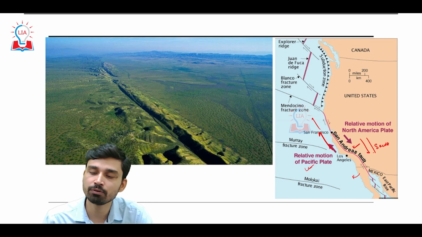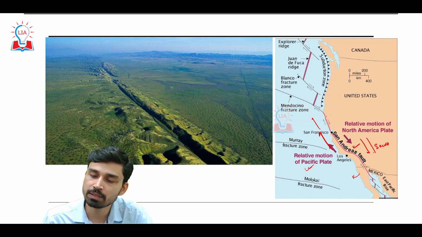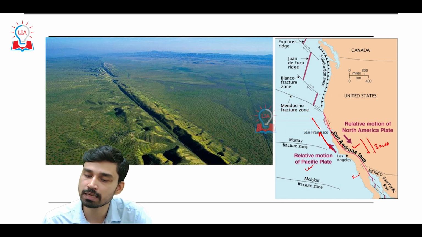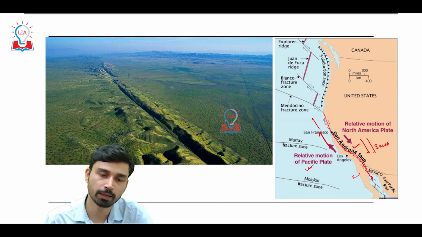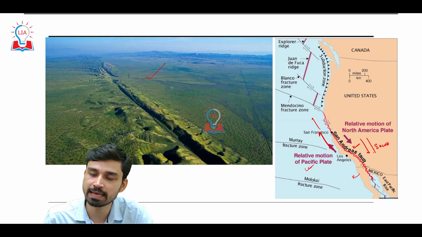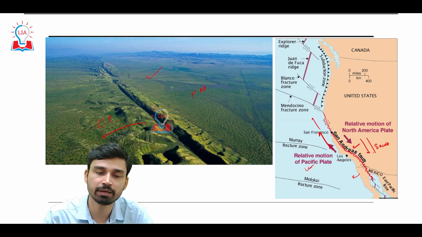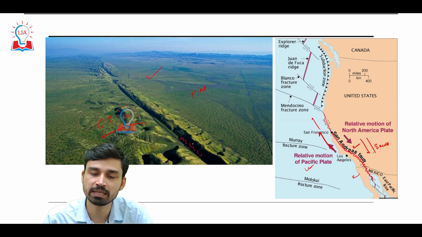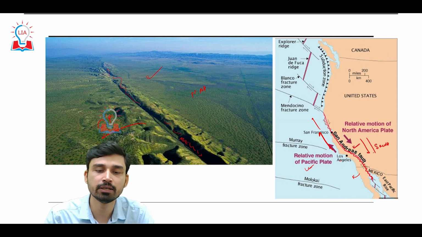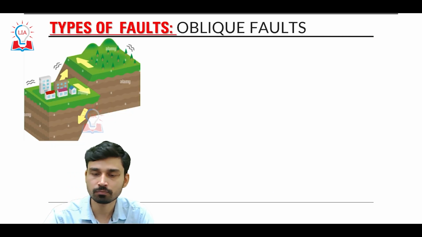And due to this relative northward and southward movement, the rocks along this entire region are getting disturbed and that causes break in the rock, leading to development of earthquake. If you look at the aerial photo of the San Andreas Fault, this is how it looked like. On this side, we have the California plate. On this side, we have the North American plate. And you can see the movement of plate is happening around this area because here the displacement of rocks is clearly visible.